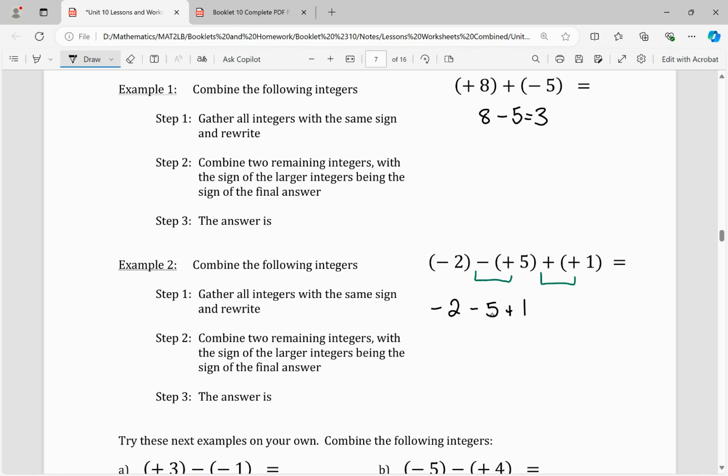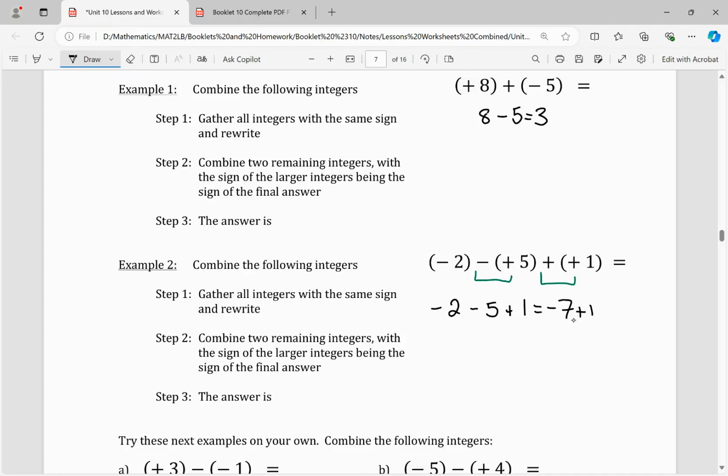If you can visualize all of those negative signs that we would have drawn, the 2 for the 2, the 5 for the 5, you can see that we're getting more negative all the way to negative 7. So negative 2 minus 5 is going to give us negative 7 plus 1.